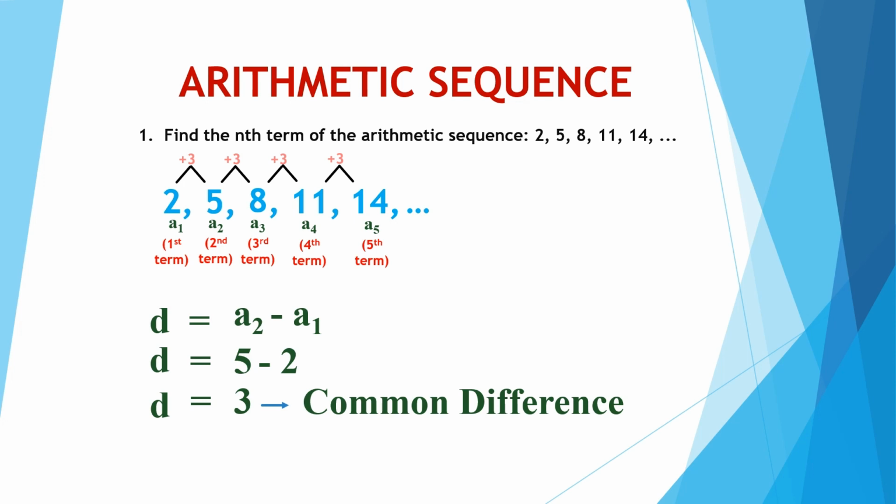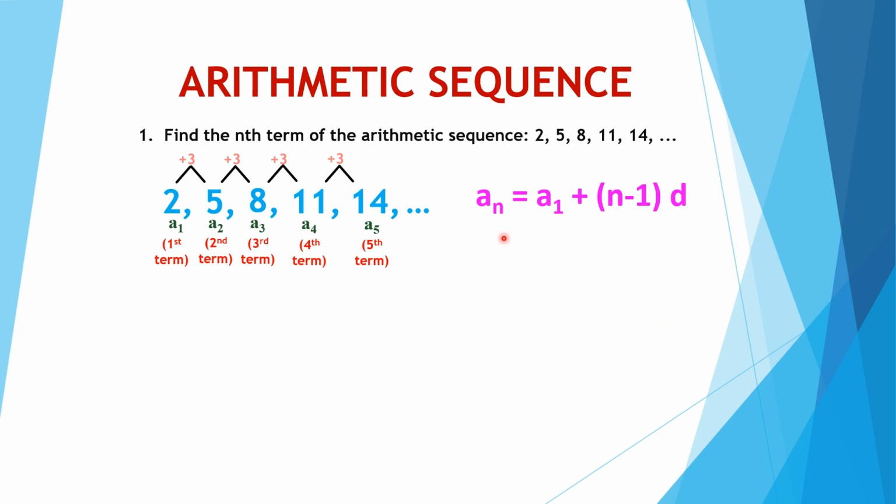Since it remains constant, it can also be obtained by getting the difference of other consecutive terms, such as a sub 3 minus a sub 2, a sub 4 minus a sub 3, or a sub 5 minus a sub 4. Let's solve the problem using the nth term formula.